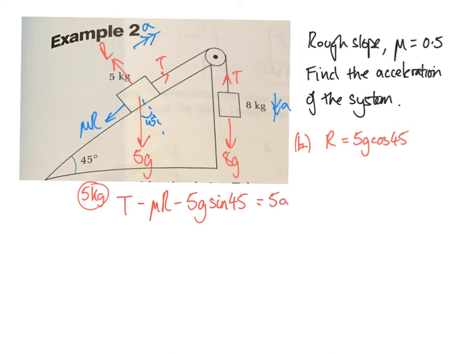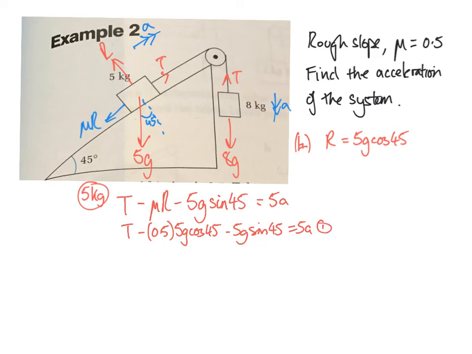And let's fill those bits and pieces in. This is T minus, well, mu in this case is 0.5, R we've worked out as 5g cos 45, minus 5g sin 45 equals 5a. Now, let's call that equation 1.